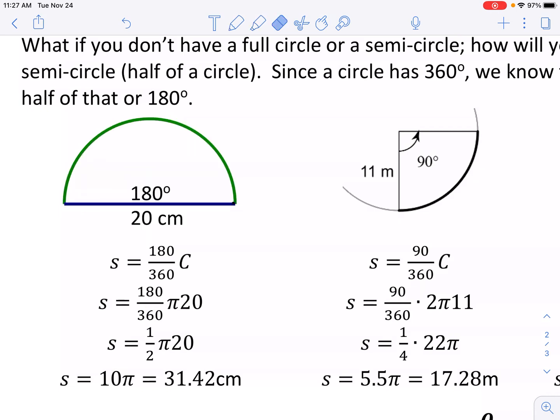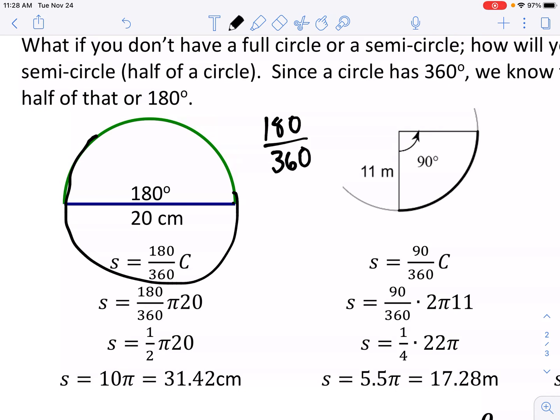So if that's the case, we have to kind of think of it in a different manner, okay? The arc length here is really going to be the circumference of the entire circle, but it's really half of that circumference, okay? It's half that circumference because we're looking at half the degrees. In this case, 180 degrees out of the total 360 degrees, okay?